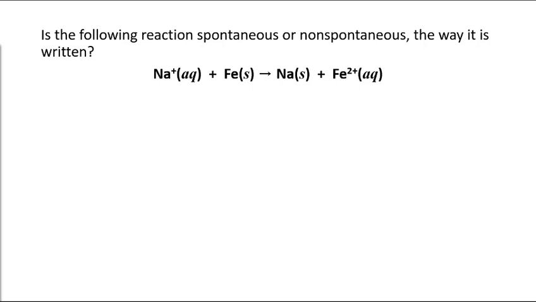Sodium going from the left-hand side to the right-hand side becomes sodium solid. Sodium solid has an oxidation state of 0, so it's going from +1 to 0, meaning it is being reduced. Iron, on the other hand, starts off as iron solid, which has an oxidation state of 0, and becomes iron 2+, so it's being oxidized.